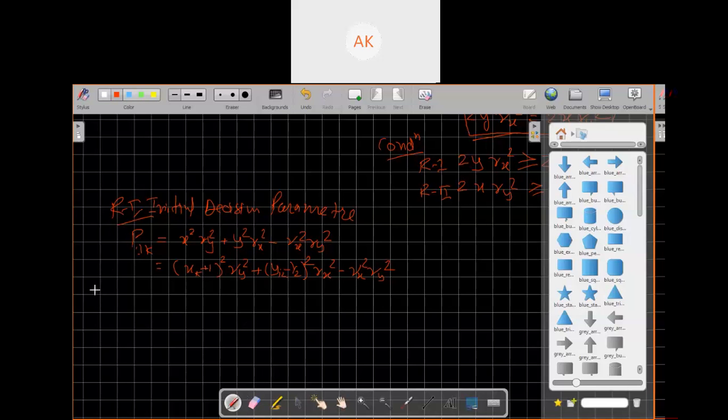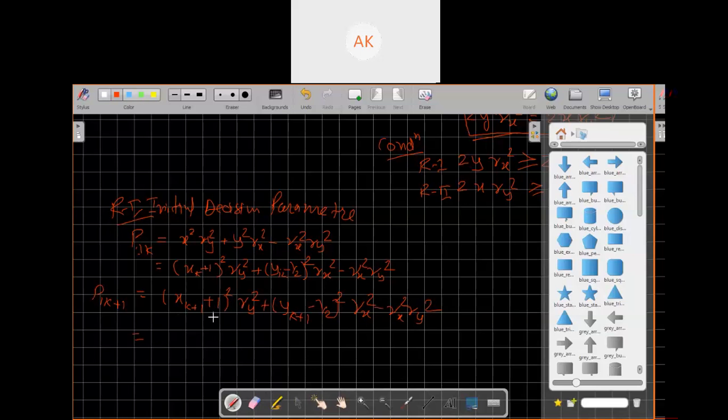When you find the next decision parameter, p1 k+1, just change the value of k with k+1: (x_k+1 + 1)² ry² + (y_k+1 − 1/2)² rx² − rx² ry².